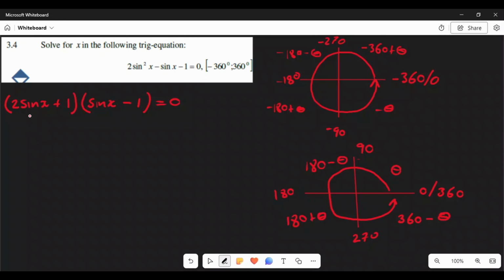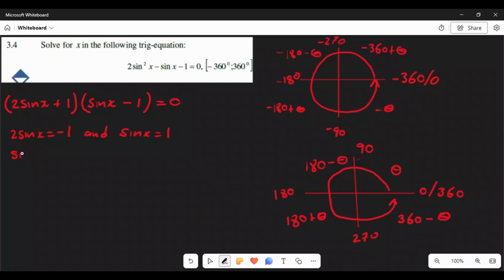From here, guys, you have to solve for x. Let's start with this one here. We can say 2 sine x is equal to negative 1, if you transpose this one to the other side. And this one here, we can say sine x is equal to positive 1. Then from here, we have to be left with only sine, so we divide by 2.